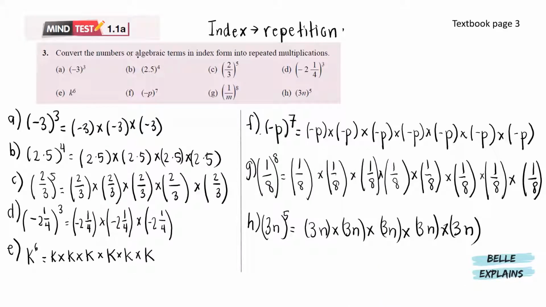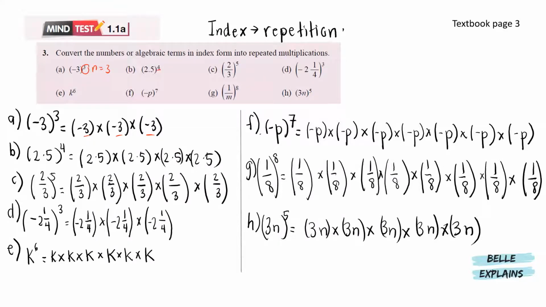Convert the numbers or algebraic terms in index form into repeated multiplications. So here we have negative 3 to the power of 3, which means this index is 3. We have to times it 3 times. So we have negative 3 as the base times 1, 2, and 3. Next, for b, we have 2.5 to the power of 4.